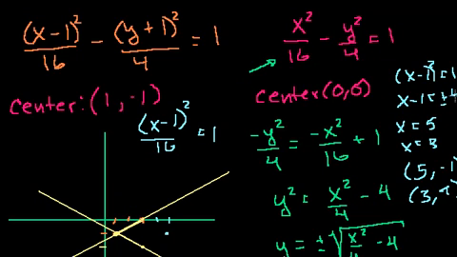That's what happens when you skip steps. So x minus 1 is either equal to 4, or x minus 1 is equal to minus 4. If you have the minus 4 situation, then x is equal to minus 3. So you go 1, 2, 3, minus 3, minus 1. So those are both points on this hyperbola.